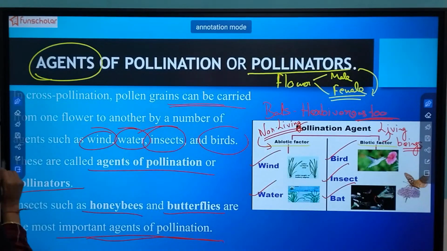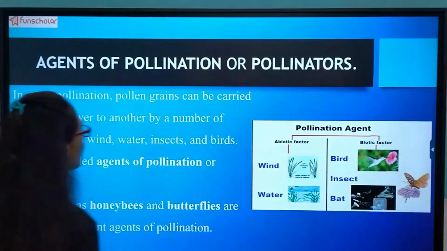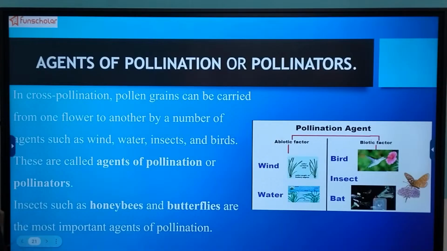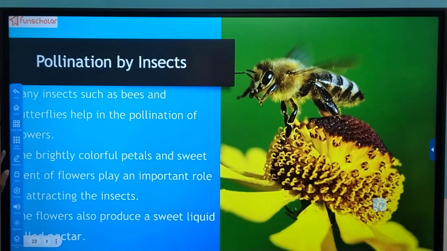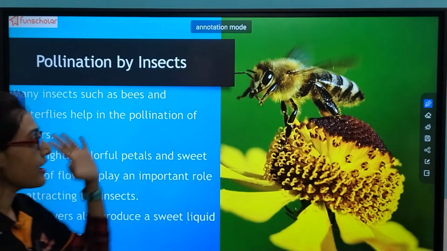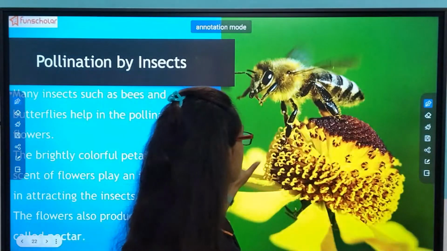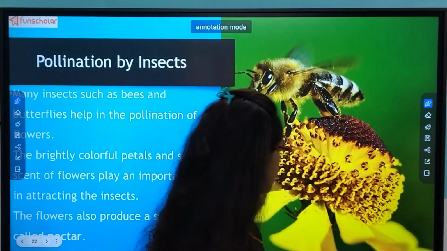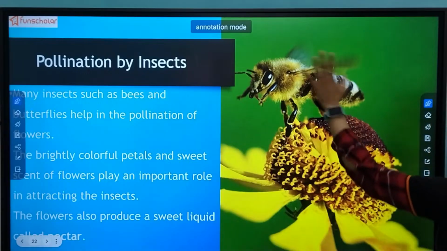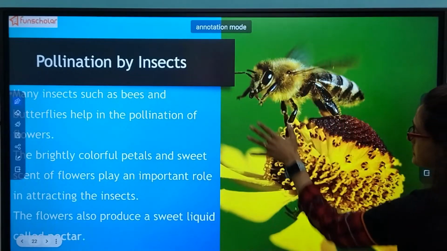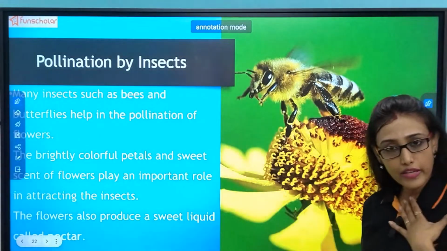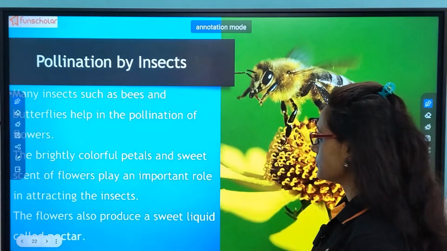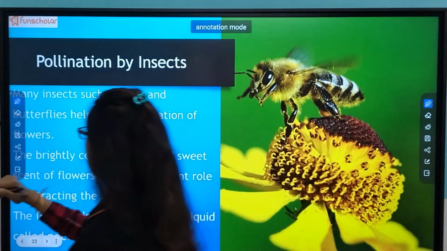I hope you have got what I was telling you. Now, pollination by insects. I have already told you that flowers are so bright in color because birds or insects, or even we human beings, are attracted to them. So let's read.